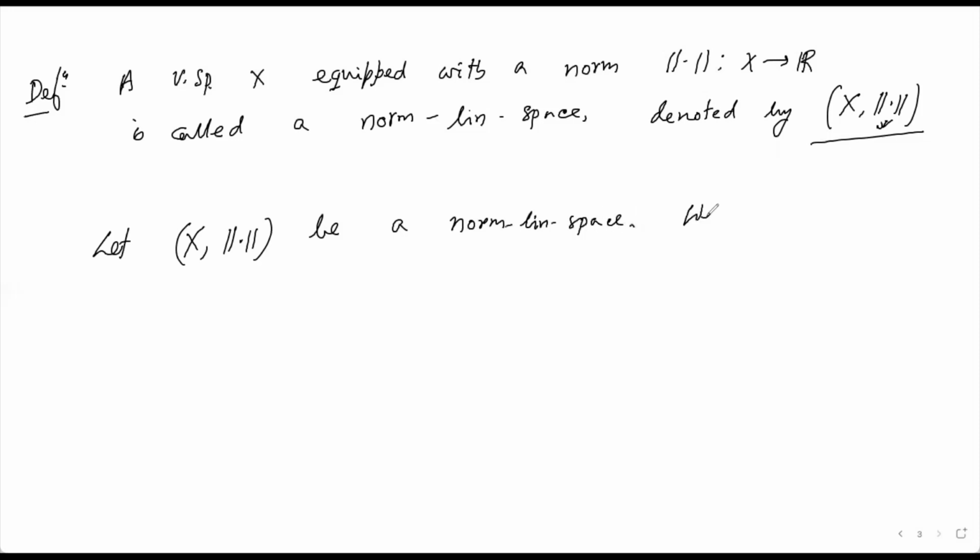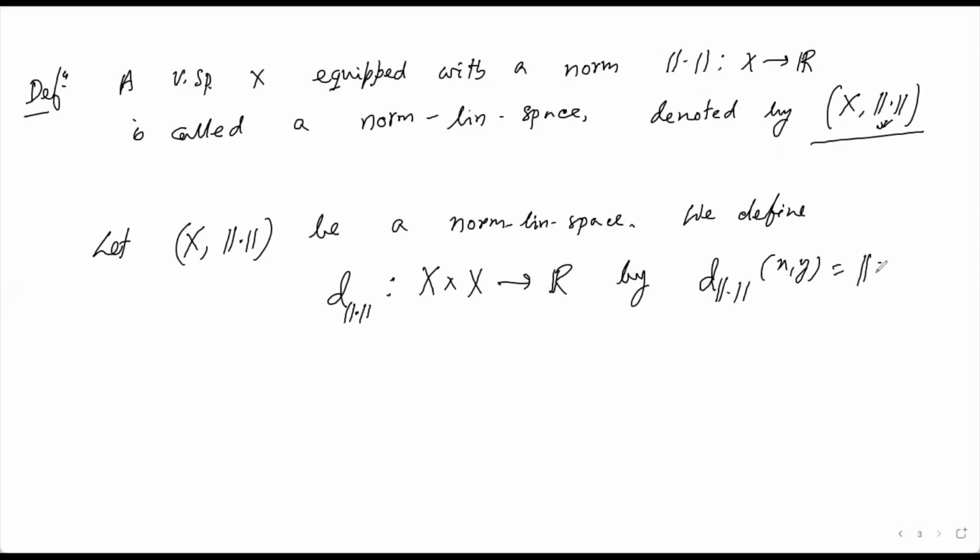We define d sub norm from X Cartesian product with X to R by d sub norm of x comma y is equal to norm of x minus y, for all x comma y belongs to the Cartesian product of X with itself. And here we prove that this is basically a metric on the vector space X. So before going to the proof, let us consider some examples.